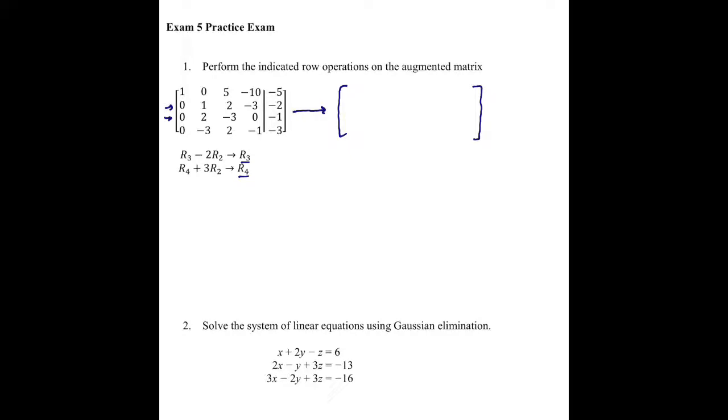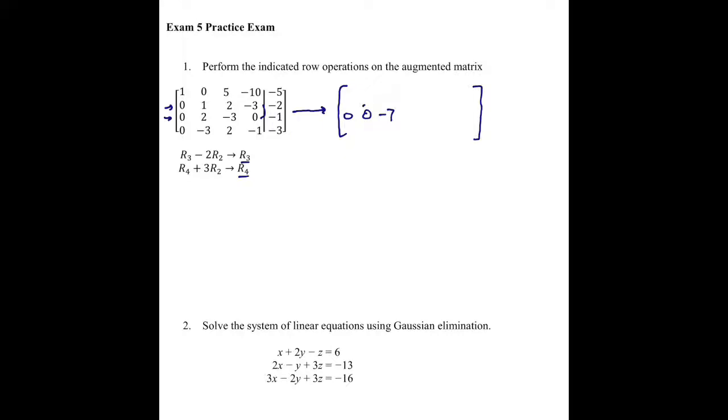So 0 minus 2 times 0 is 0. And then 2 minus 2 times 1 is 0. And then negative 3 minus 2 times 2, that's negative 3 minus 4, that's negative 7.